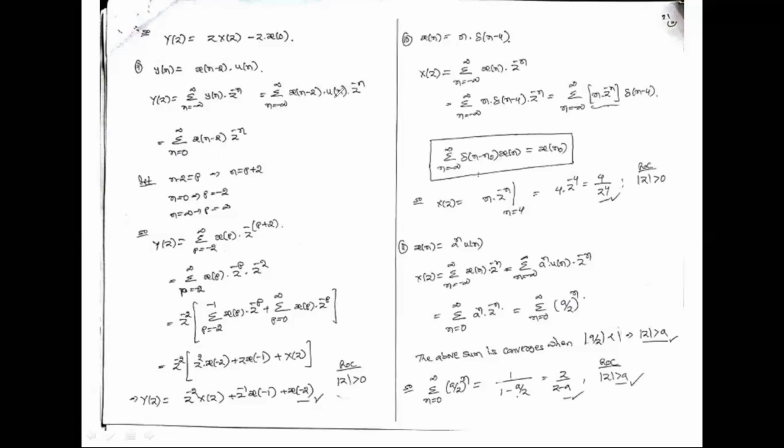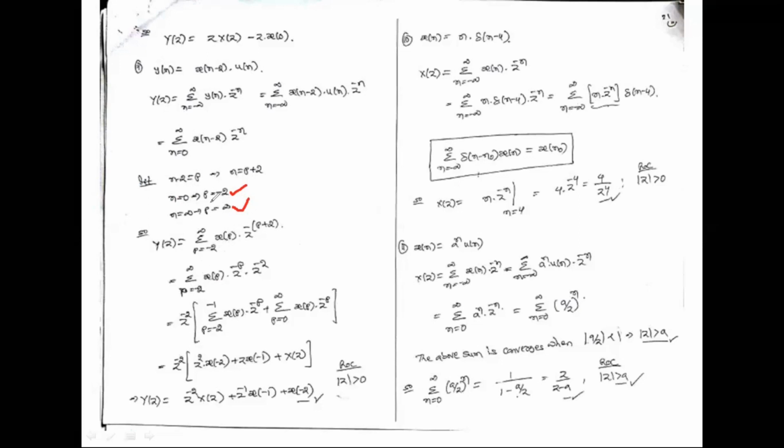The mu of n changes the limits to 0 to infinity, and keeps the value 1 here. Sum from 0 to infinity of x of n minus 2 z power minus n. N minus 2 is equal to p, you can assume. N is equal to p plus 2. Changing the limits of n to the p value, it is minus 2 to infinity.